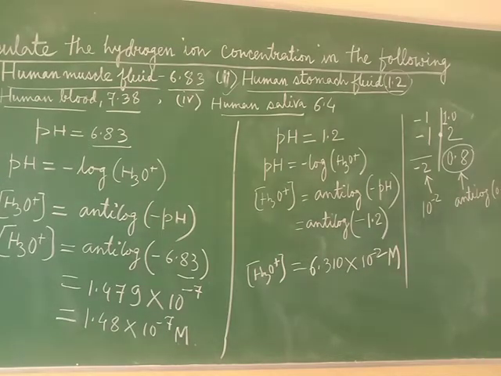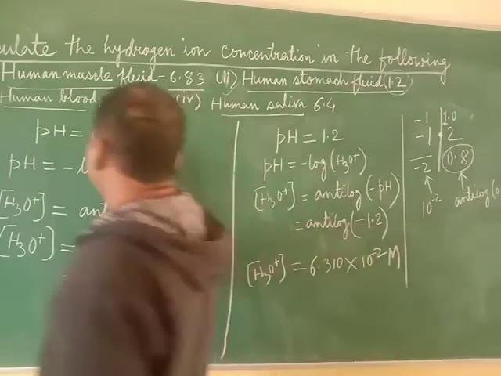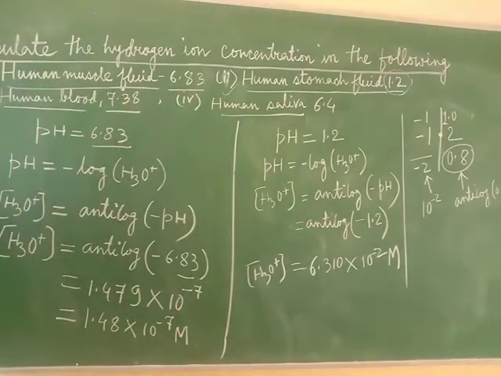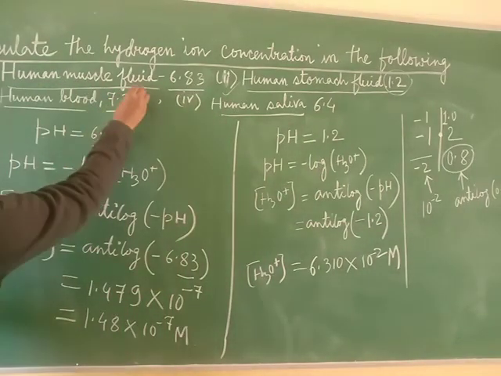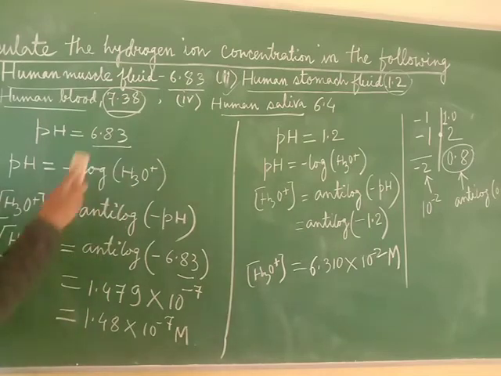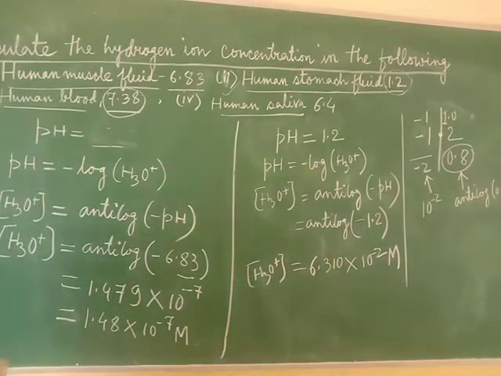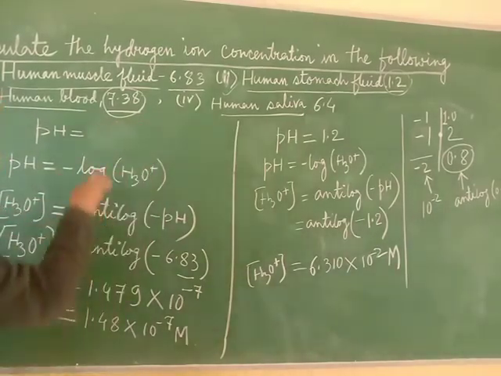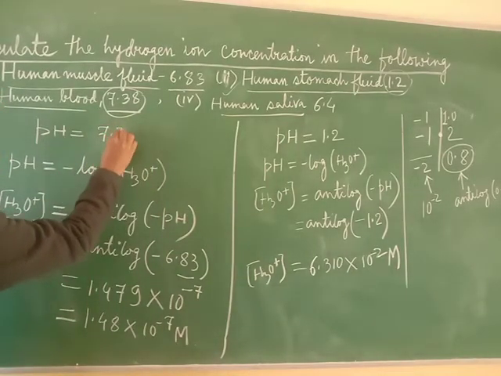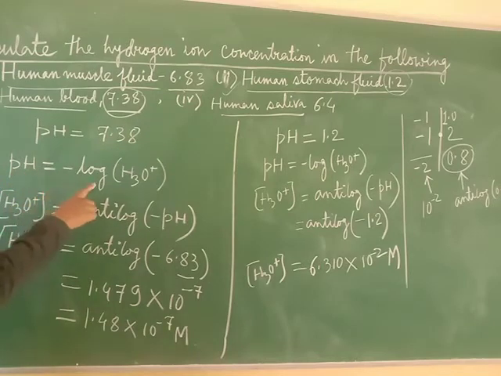Now let's move on to the next question, that is human blood whose pH is 7.38. I will change the value of the pH. I will write 7.38 here. Then pH is equal to minus log of hydronium ion concentration.